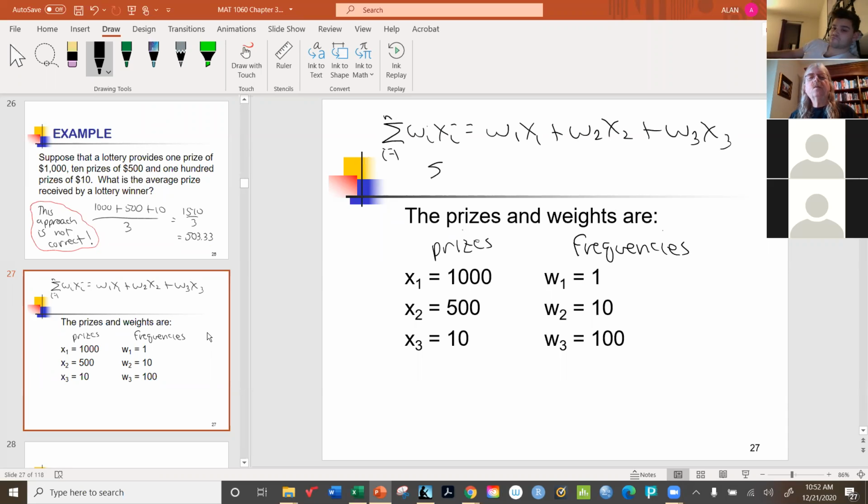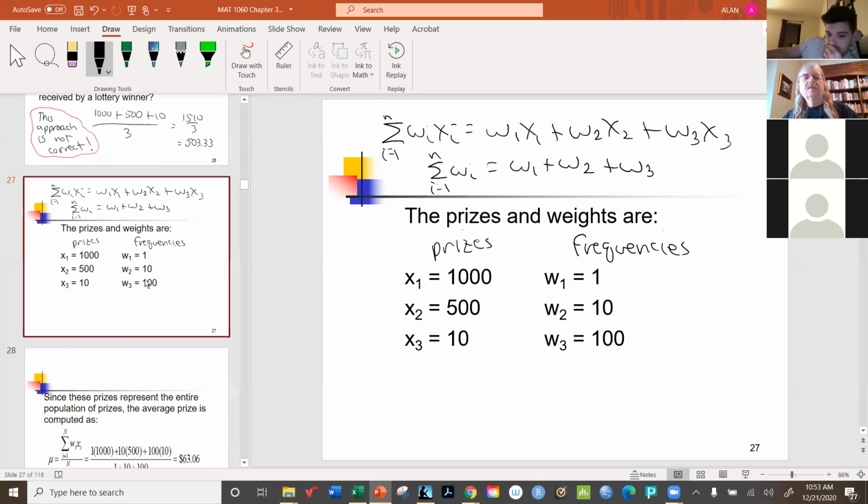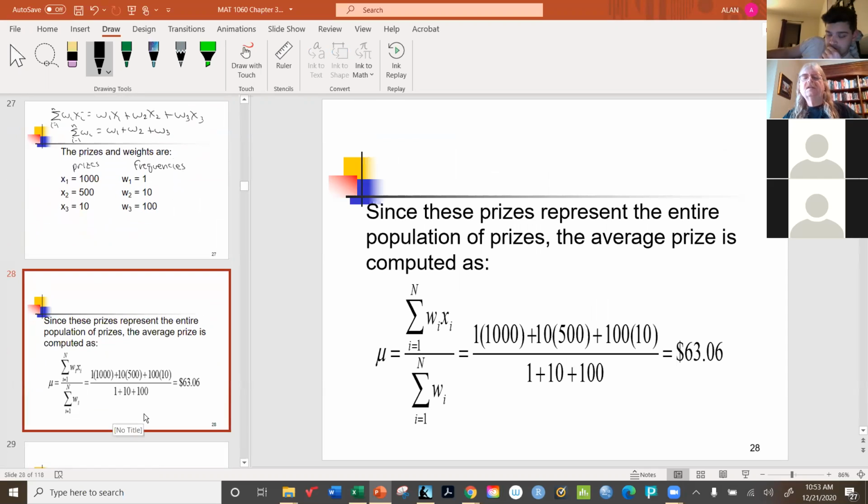And then the sum of the weights is simply W1 plus W2 plus W3. And that's what we're about to do on the next slide. We're going to plug in our numbers into those two. And of course, what we're looking for is the ratio of these two, which, let's jump ahead here.